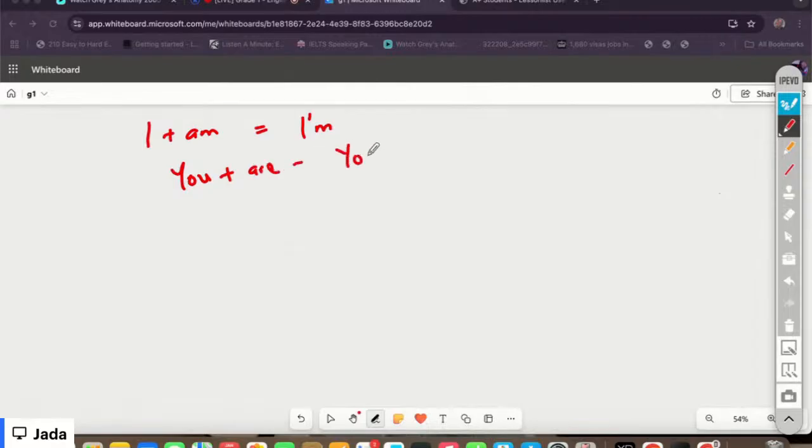It gives you you are. So you can see that the A here is removed. Also the A here is taken out. We have they are, which becomes like this. So what is removed here? A as well is taken out.